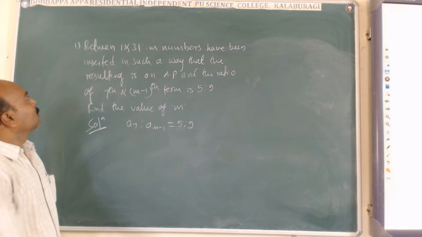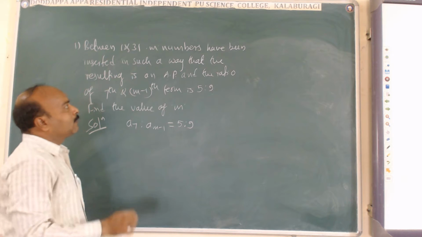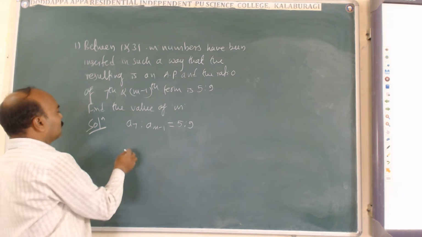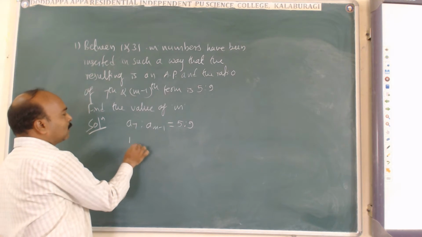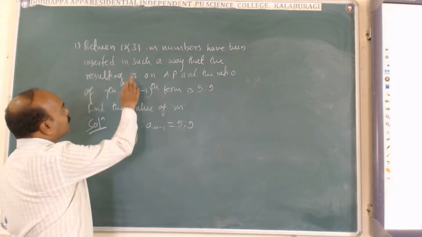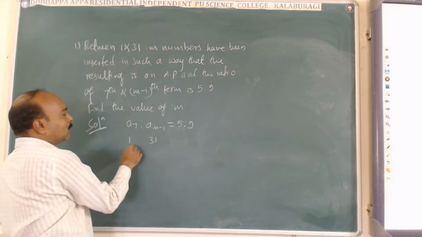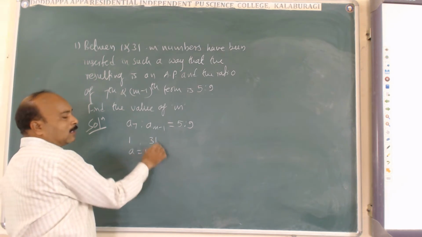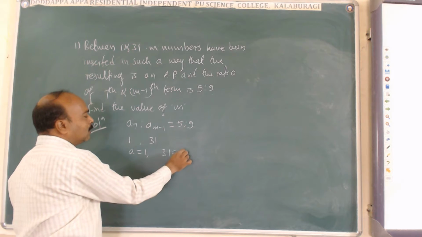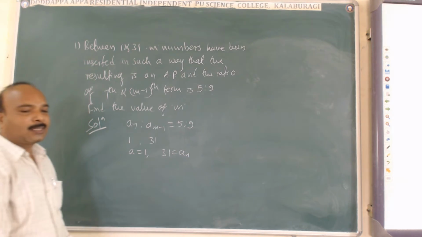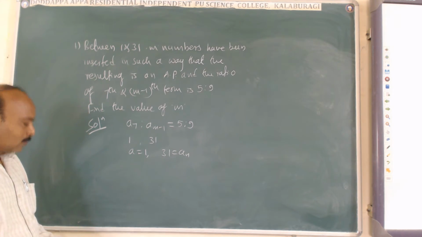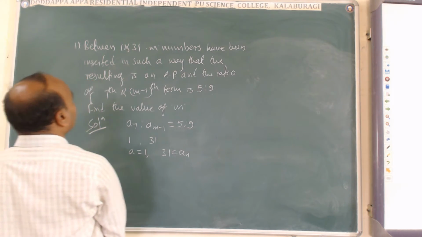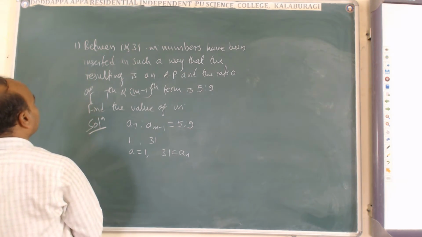Now here between 1 and 31, m numbers should be inserted. Therefore we take the first term as a equal to 1 and the last term as 31. Now here we insert some numbers between these two.